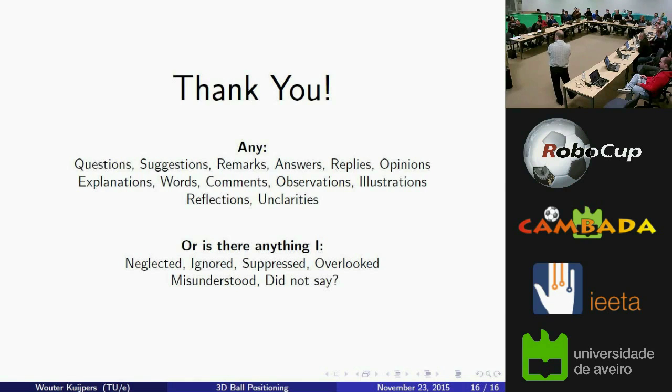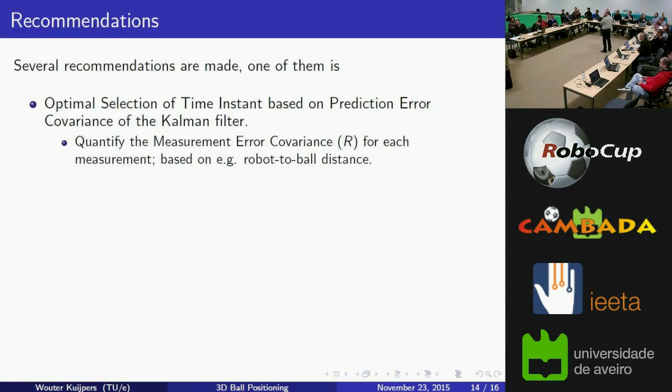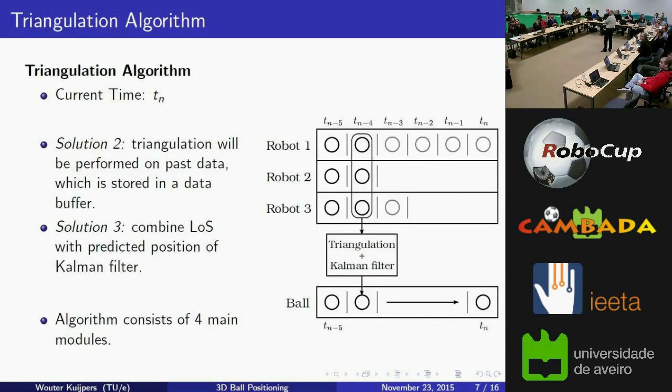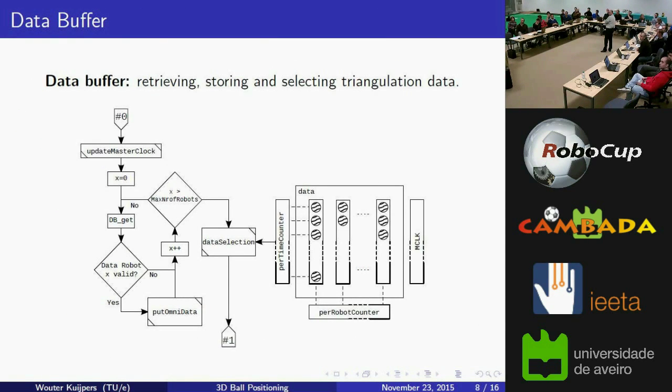Well, the accuracy of the timestamp in this case should be within half of a vision sample, because in the data buffer I quantize the measurements, or the timestamps actually, to the master clock. Maybe I can be a bit more precise if I have the picture. So in this case, the measurements are stored in a grid, so they are quantized to the master clock.